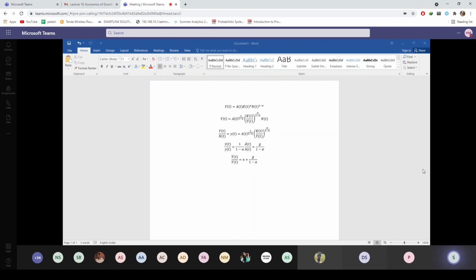If I divide capital Y_t by A_t N_t, the rate of growth of that new variable is not 0 at the steady state with this production function. Sir, will it be N to the power 1 minus alpha? Say it again. (A_t N_t) to the power 1 minus alpha. Very good, very good, very good. So take from here.